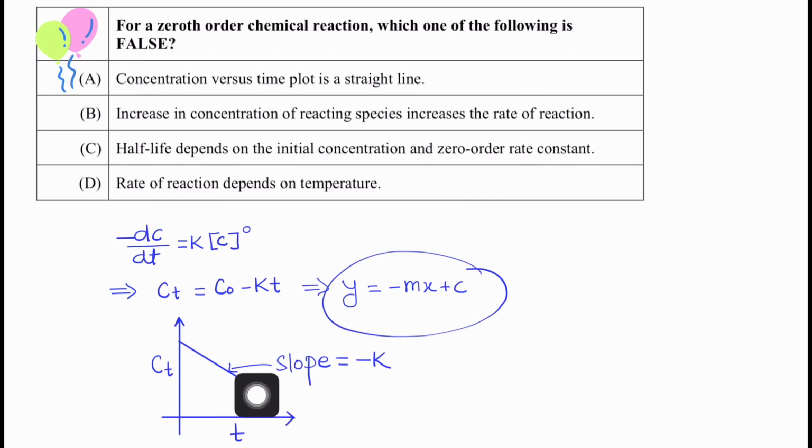So the first option is correct: yes, the concentration versus time plot is a straight line.